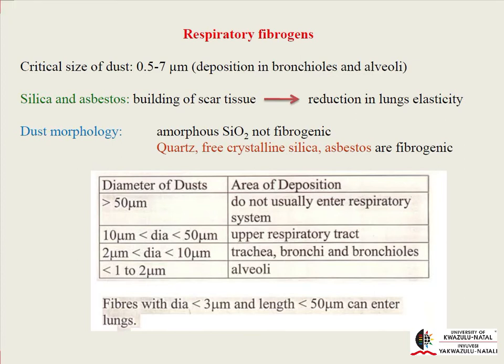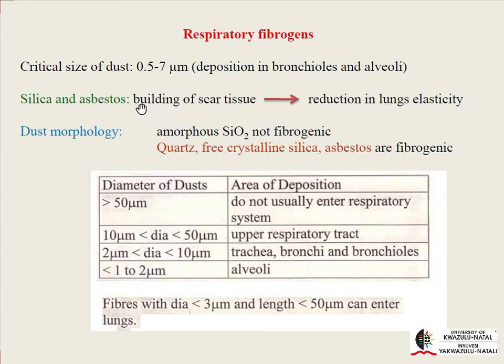Then you get respiratory fibrogens. Common sources of hazard are silica and asbestos. Asbestos usage has dropped significantly. Before, they used to make asbestos products, they don't do that anymore at all. However, it is used in very limited amounts, but it is nevertheless a hazard.